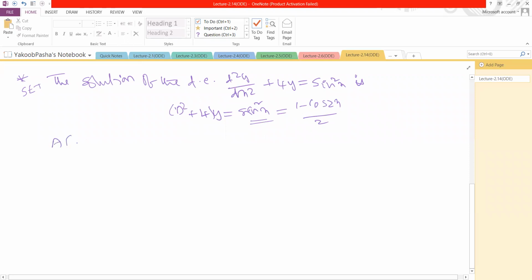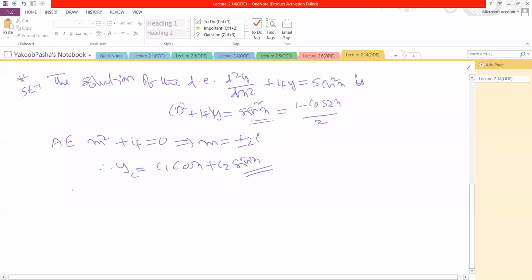First I am taking the auxiliary equation m square plus 4 is equal to 0, that is m is equal to plus or minus 2i. Therefore, the complementary function yc is equal to c1 cos 2x plus c2 sin 2x. This is the complementary function.